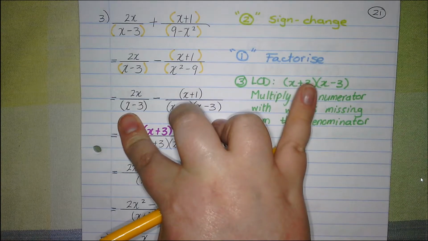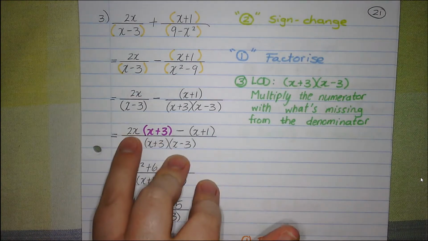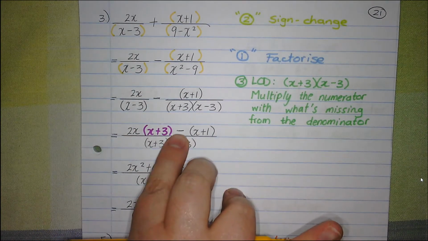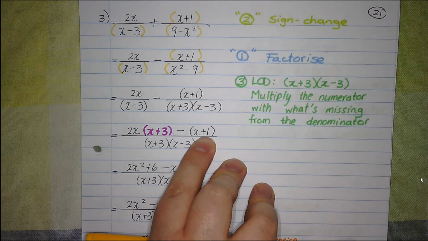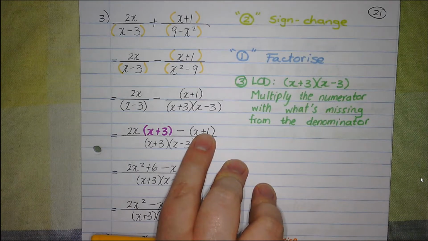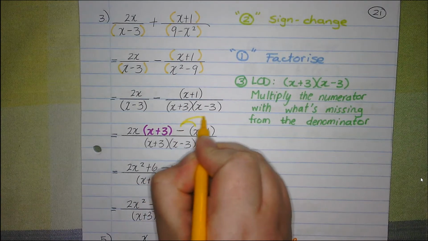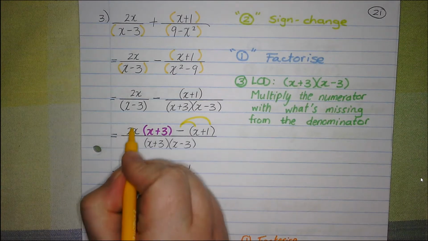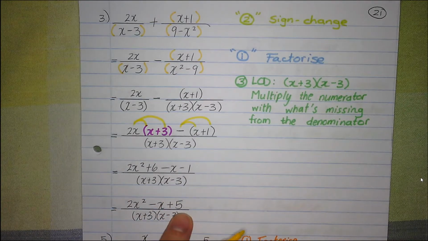It's missing x plus 3. So we multiply the numerator with x plus 3 minus, and this one is already over the LCD, so we don't change anything. However, the brackets around here are very important. We distribute into the bracket. We distribute into the bracket here as well, and we simplify the numerator.